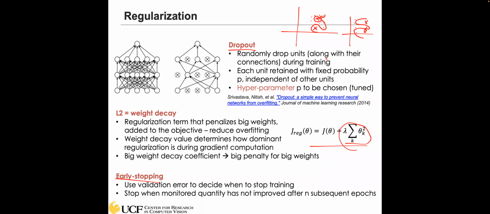So there are a couple of strategies typically used to prevent model overfitting. One is weight decay. Usually overfitting happens because the model has some large weights, a couple of weights dominate the model.